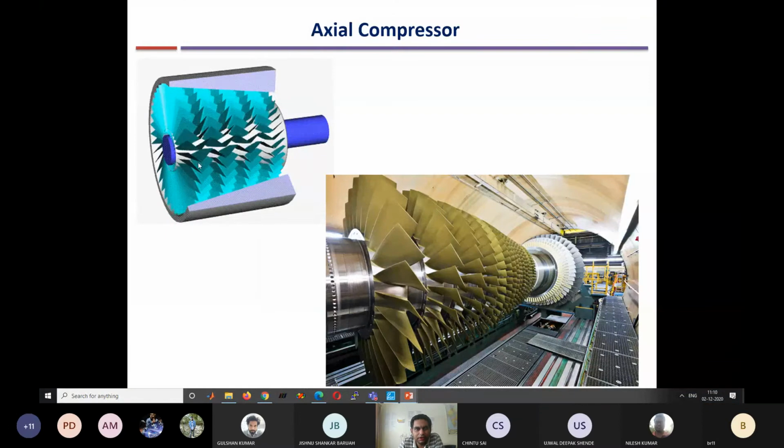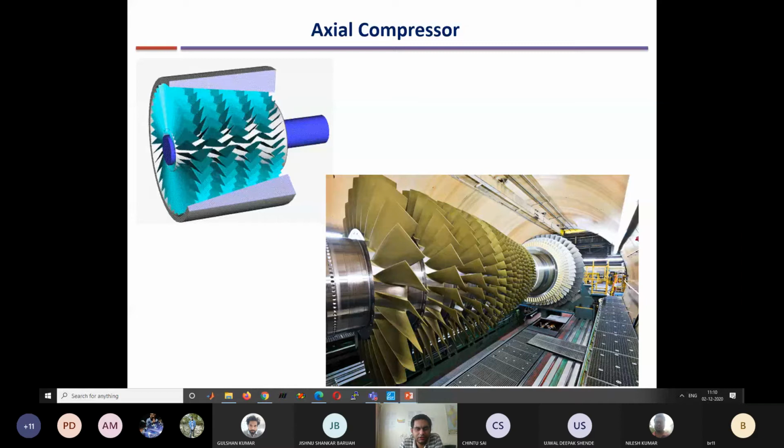And how it rotates. So we have alternate devices which are rotating, and then a static part, again a rotating part, a static part, like this. The combination of a rotating and a static part is known as a single stage. The rotating part is called the rotor, the static part is called the stator.